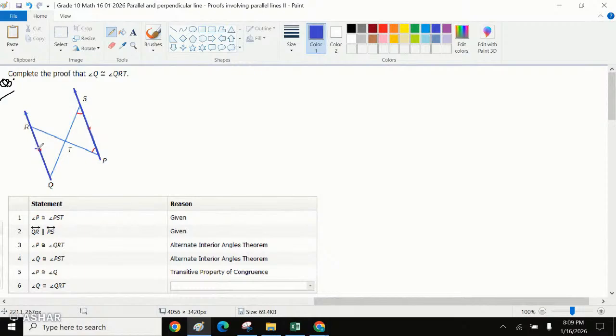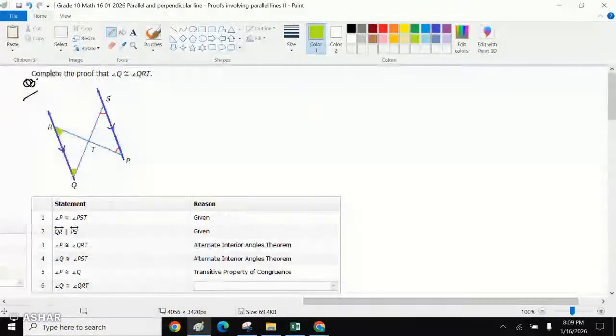If these were our parallel lines, complete the proof that angle Q, let's highlight angle Q, is equal to QRT. Very similar to our previous question, question number 1 that we did. We saw that these angles were the same, right? So in question number 3, most probably we'll have the same property, the transitive property.